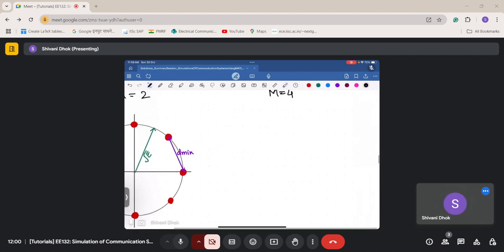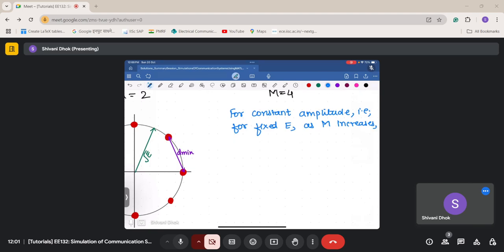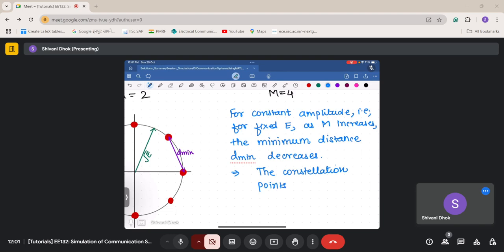So what we observe is, for constant amplitude, that is for fixed E, as M increases, the minimum distance d-min decreases, which means the constellation points become closer.